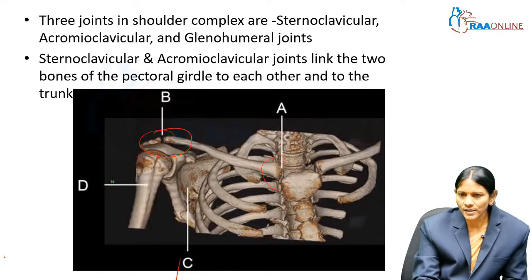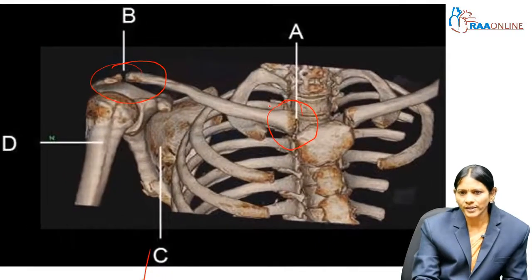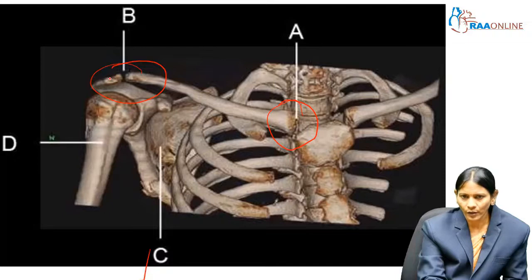This is the region of the sternoclavicular joint. So, you can see that the sternum is connected to the clavicle by the sternoclavicular joint. The clavicle is in turn connected to the acromion process of the scapula, and the rest of the scapula is connected to the humerus by way of the glenoid fossa.